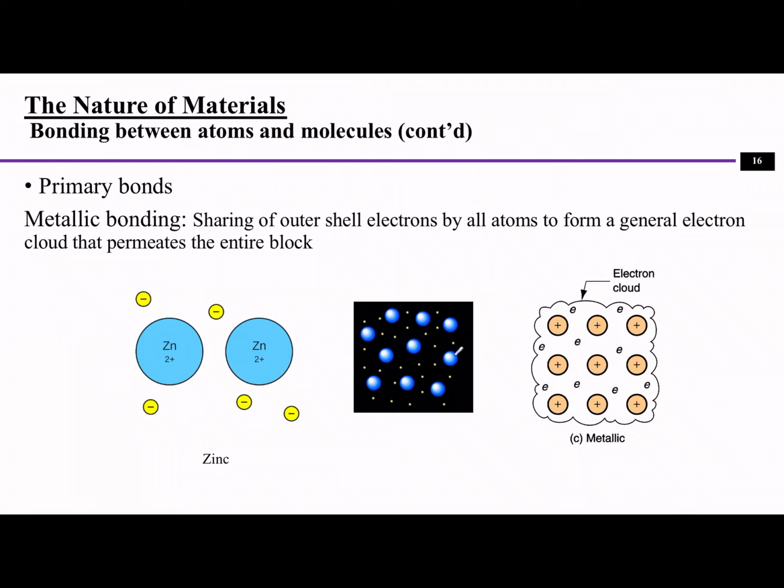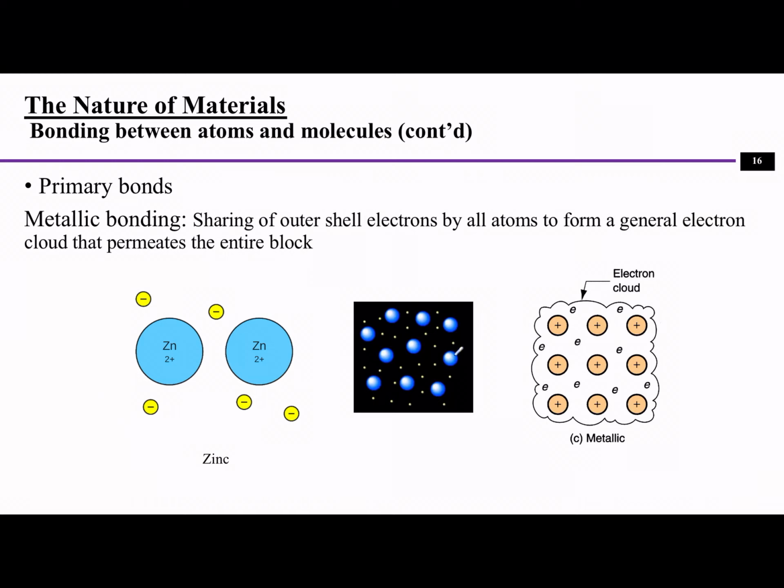Next one is the metallic bondings. Metallic bonding means the sharing of the outer shell electrons by all atoms to form a general electron cloud that permeates the entire block.